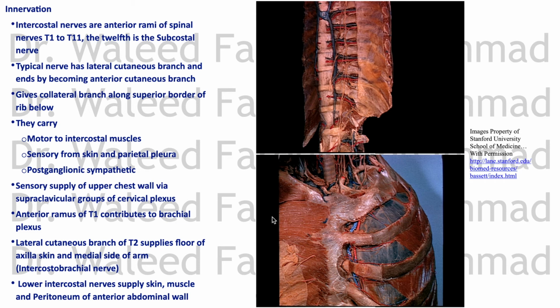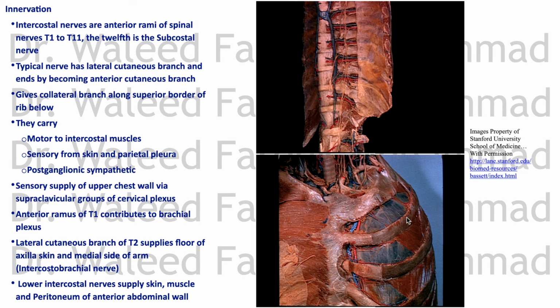Okay. Also, the T2 nerve, sometimes T2 and 3, gives lateral branches. I dissected 2 and 3 before, giving lateral branches to the skin of the armpit and the medial side of the arm. They are called intercostobrachial nerves.